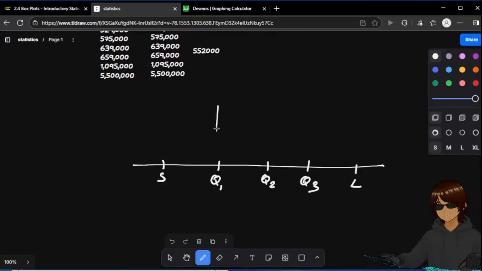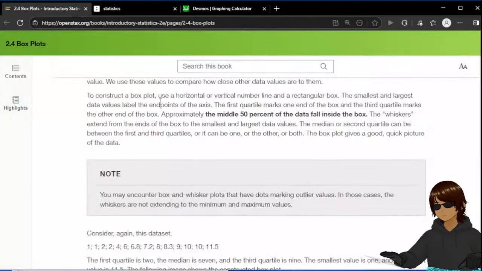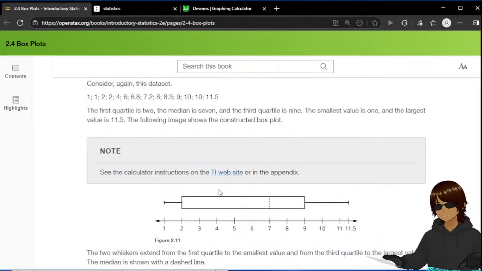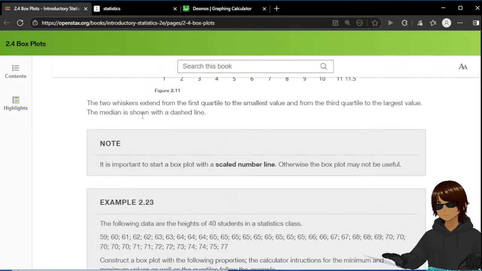The box plot would be something like this. And then endpoint. Then I think we have to mark the middle value also. Yeah, that's what they did.